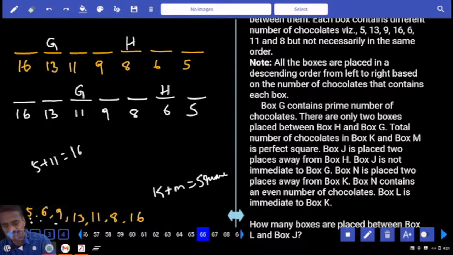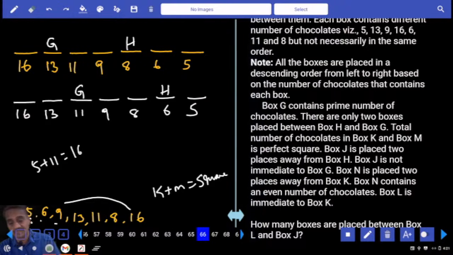What is the other possibility? 9 and 16. 16 plus 9 is 25. Then total number of chocolates in K and M is a perfect square. Now 5 plus 11 is 16 and 9 plus 16 is 25, again a perfect square.